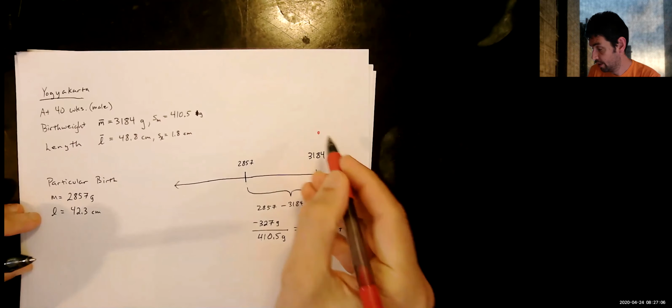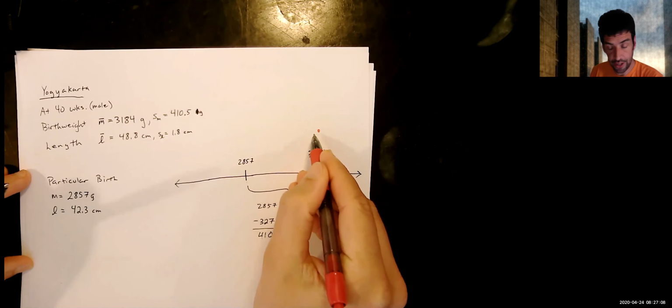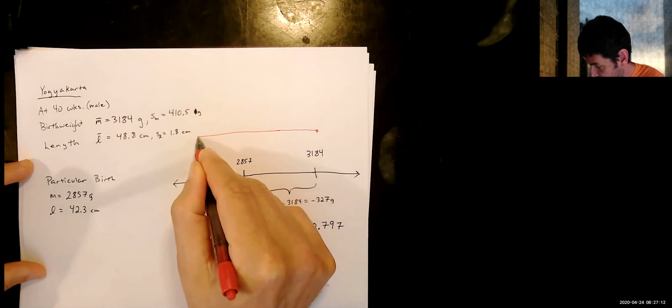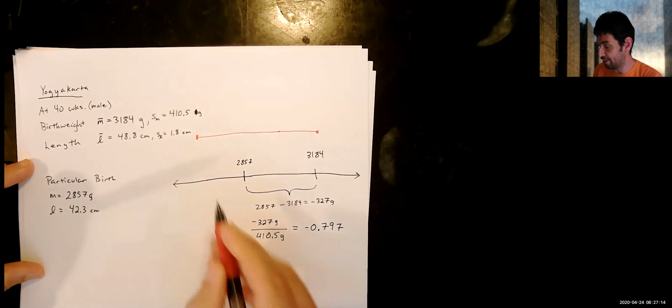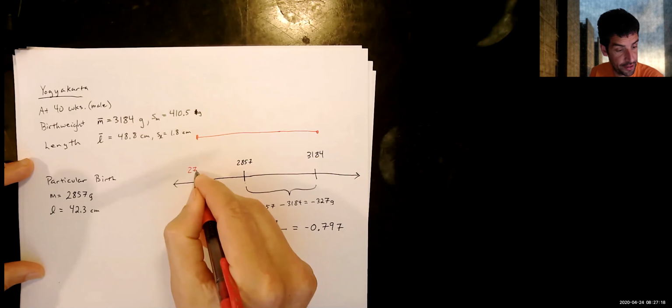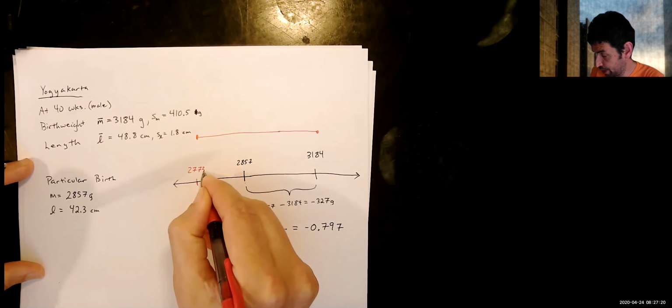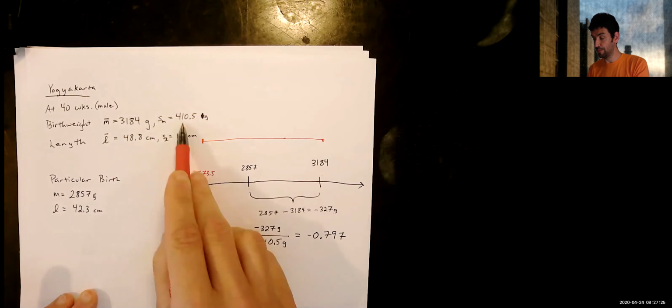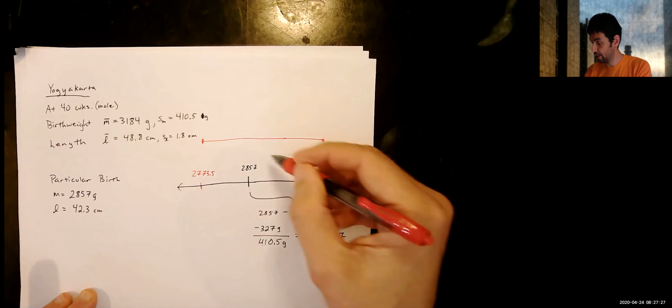Here's my mean. Standard deviation, the distance it represents, if I went down by 1 standard deviation, I'd be going down to 2,773.5, right? So I'm starting at the mean and going down by 410. I get to here.